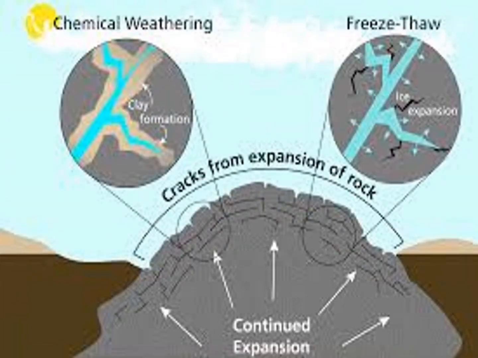In areas that are very cold, you may have freeze thaw or frost action taking place, whereby the water goes into the layers or into the cracks right here, as magnified up here, and at night the water freezes and expands, creating larger cracks.